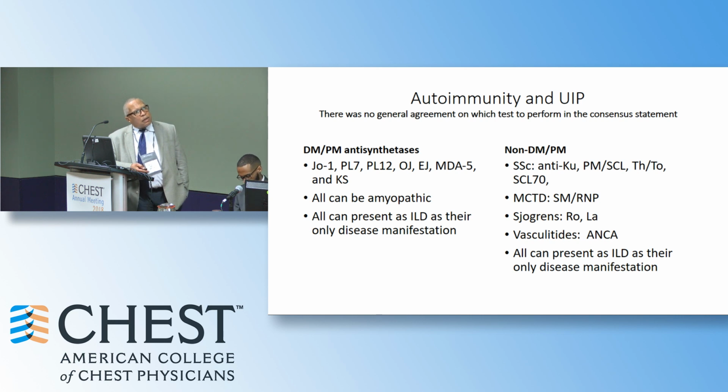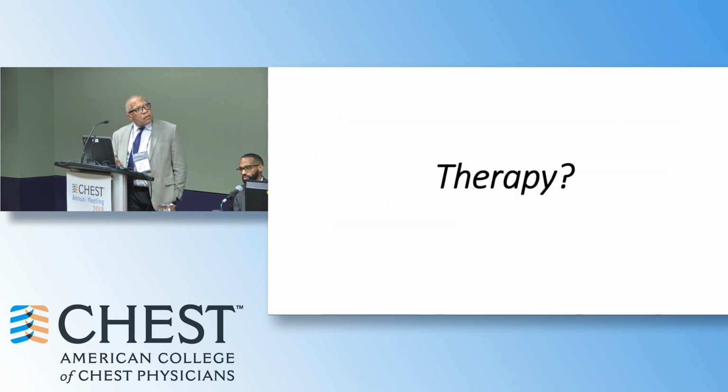All of these diseases can present with interstitial lung disease as the primary initial presentation. So we believe there is a strong argument for looking for all of these to make sure the patient doesn't have an autoimmune background, which dramatically changes their prognosis, particularly if they're treated for that autoimmune disease.